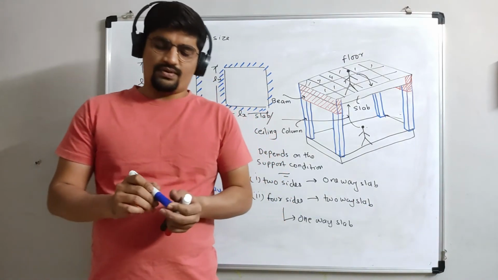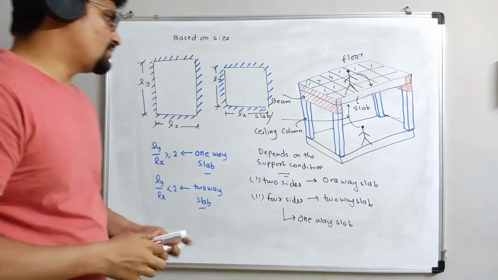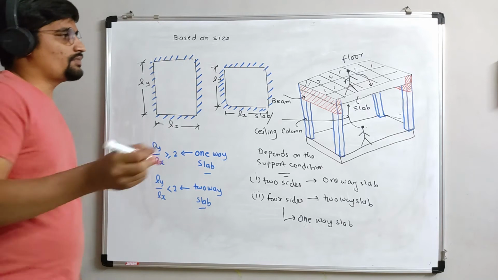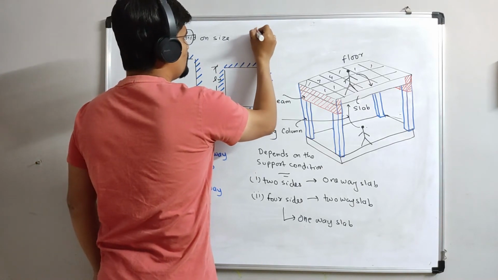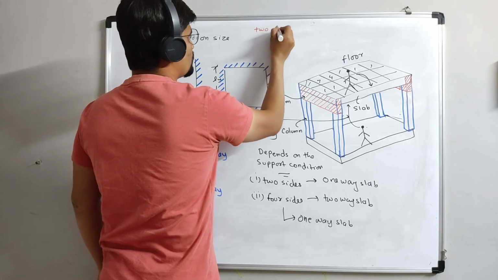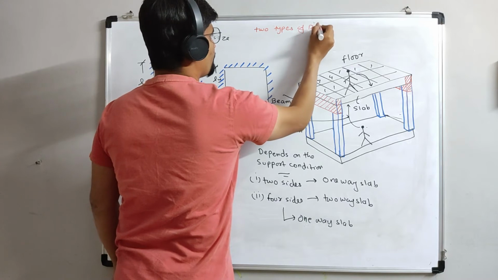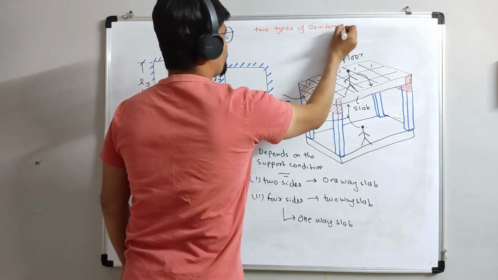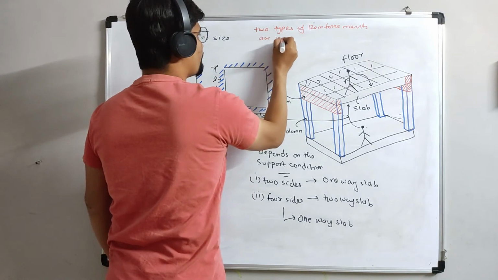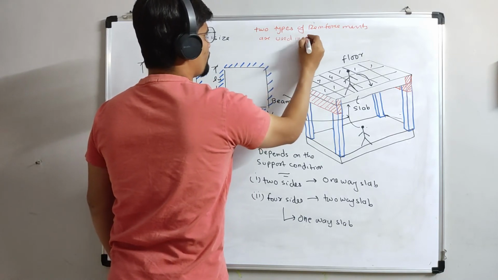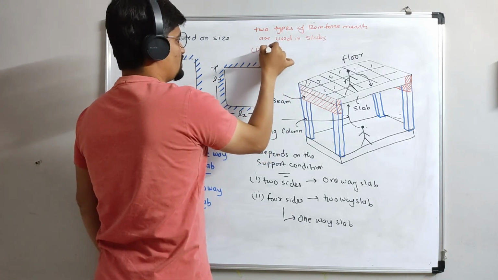So what is the difference between a one-way slab and a two-way slab? In a one-way slab, two types of reinforcement are used. First one is main reinforcement.